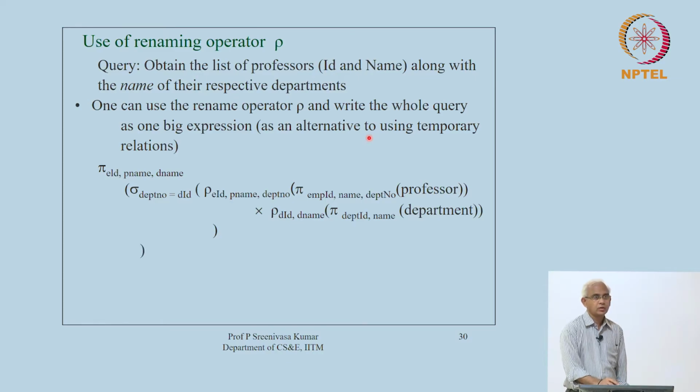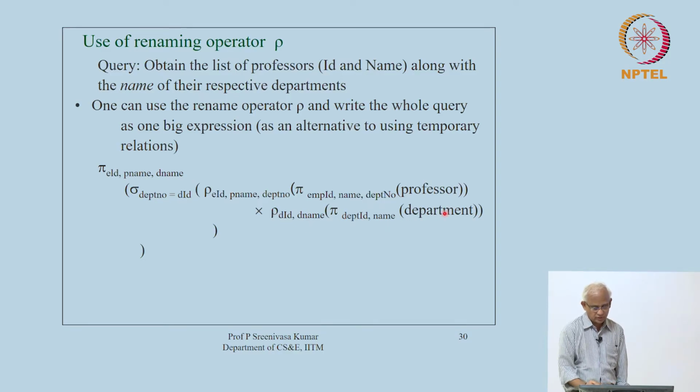So, what we are doing here is, this is the professor relation that we have, and then we are projecting the required attributes from here and renaming them using this rho operator, and then doing a cross product with the other.